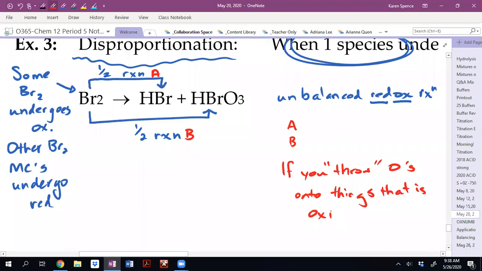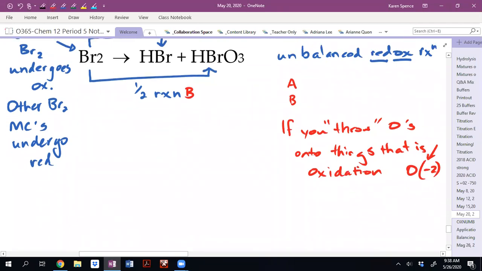Oxygens, oxidation. Why is that? Because if you add oxygens, remember oxygen has an oxidation number of -2, and that means that whatever you have attached to it is going to have to be more positive to balance out this negative oxygen. And if the charge is becoming more positive, if the oxidation number is becoming bigger, it has become oxidized.